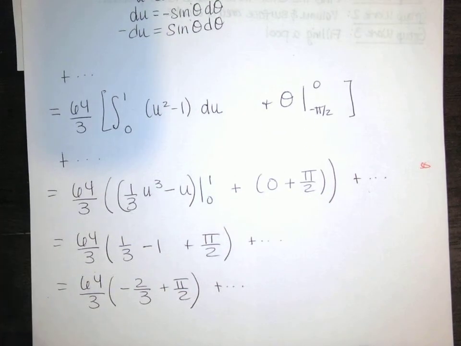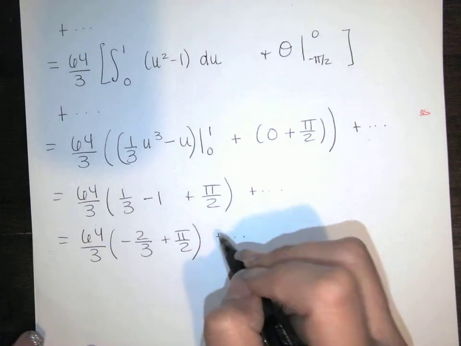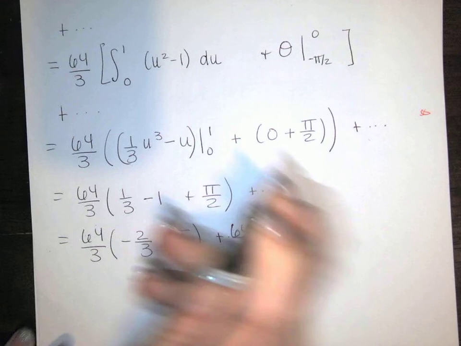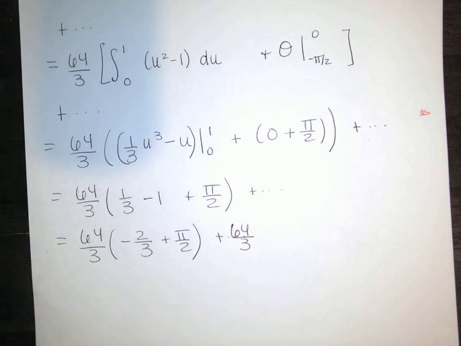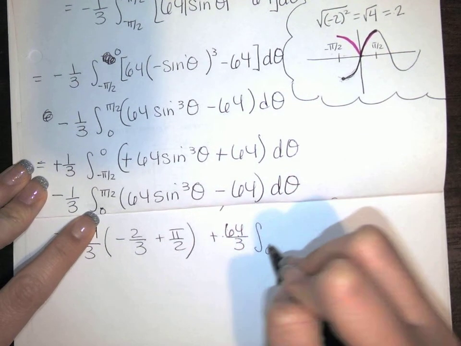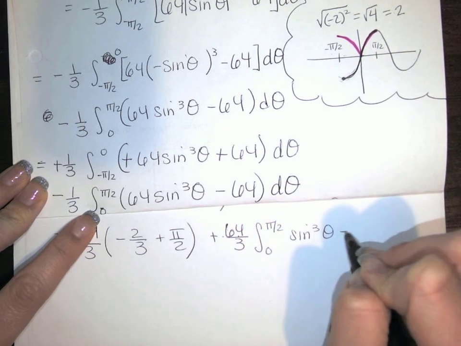Okay, gotta keep going. Second integral. The second integral was, factor out a 64 on that as well. 64 over 3. Want to show you that integral again. It's that one. Times the integral from 0 to pi over 2 of sine cubed theta minus 1.